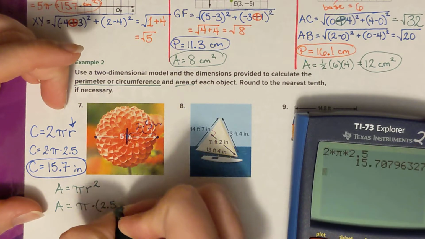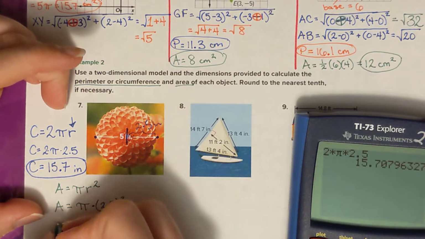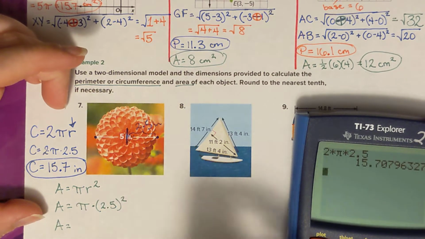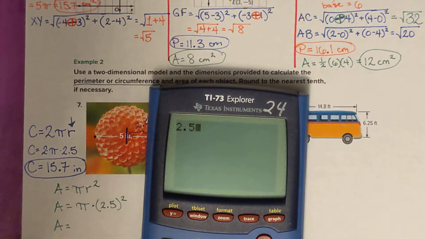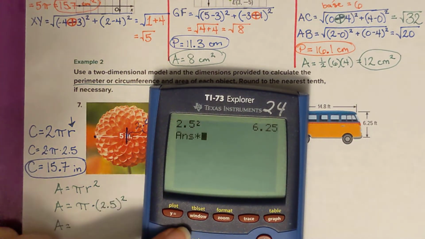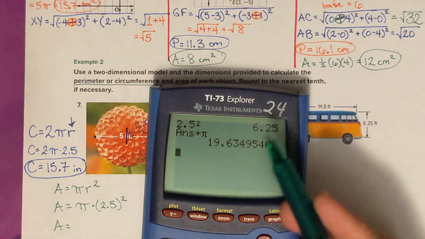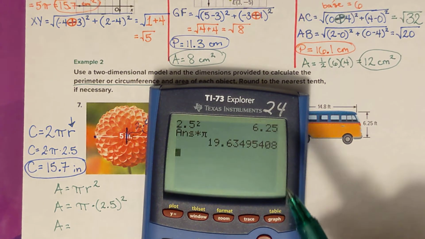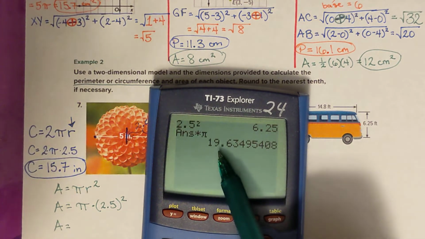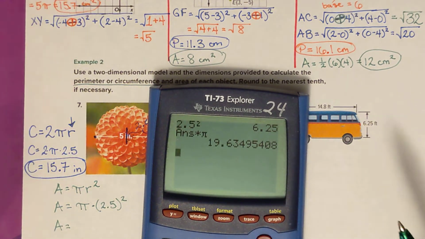So I need 2.5 squared. Again, please put all that in a calculator. It's going to save you a lot of time. So 2.5 squared times pi should get 19.6. Right?